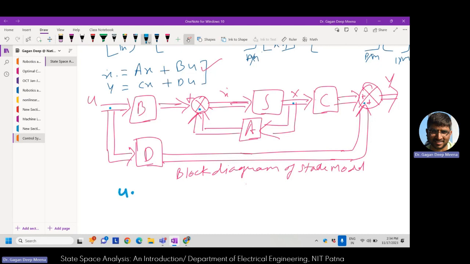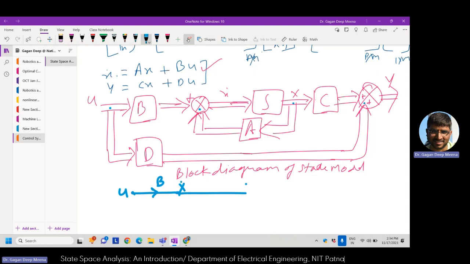Then I can call it u. Then this is going with the gain b, and it's going to the node x.